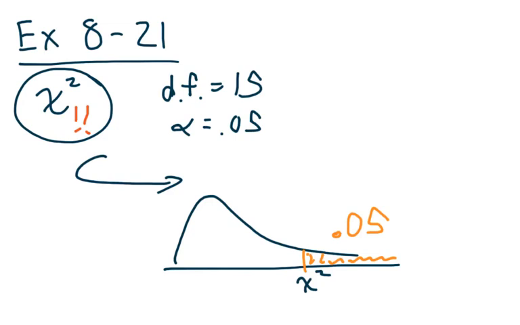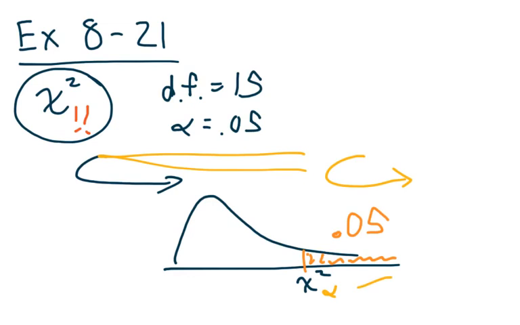The first thing that I'll mention is that since we're looking at a right side area, we can call this one right here chi-squared subscript alpha. And here alpha is equal to 0.05. Since this is a right-tailed test, the area is on the right side, so that area is exactly alpha itself. What we'll do is look in the row corresponding to 15 degrees of freedom, and then look at the column.